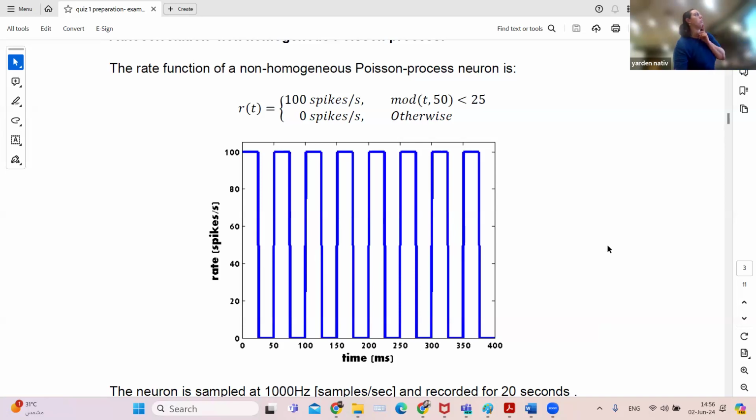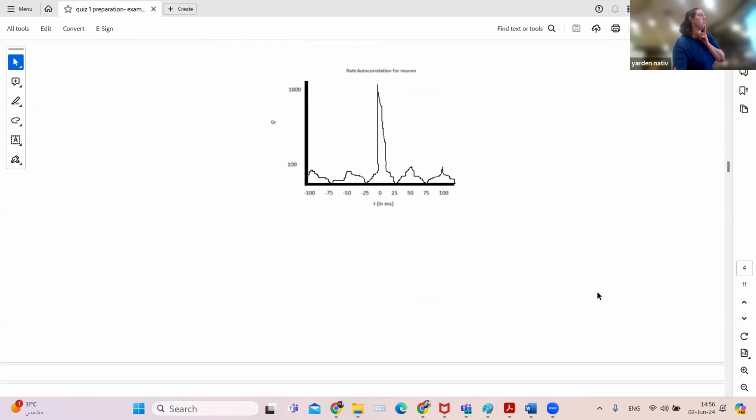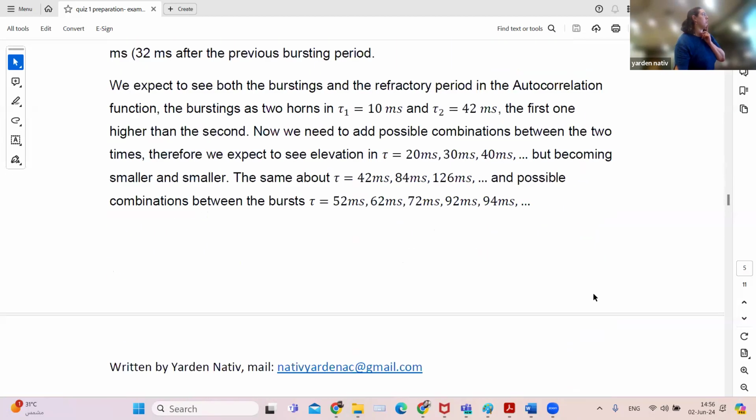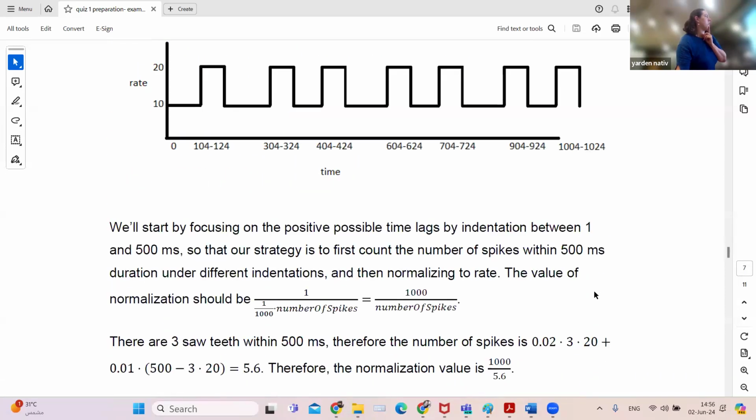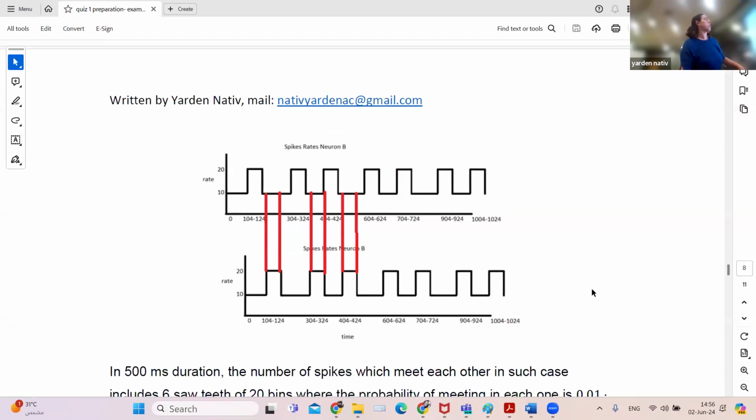I'll show you an illustration from another question. So how do I solve it? I shift it mentally, and then I look at the tips.